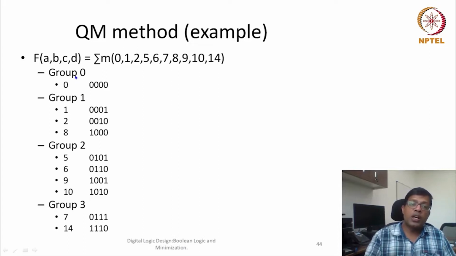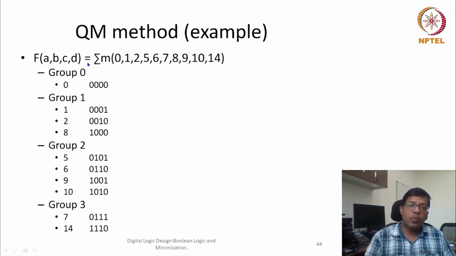So we are grouping them in the order of the number of ones present in each min term, in ascending order. First would be the minimum number, and in each group also we can arrange them in ascending order.